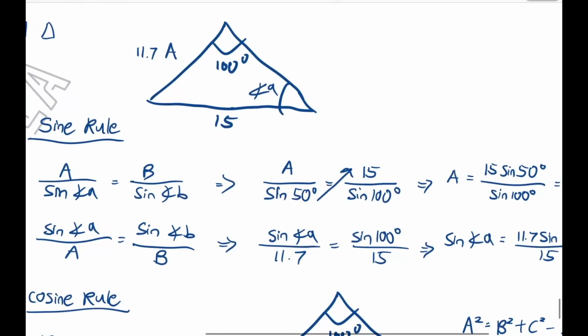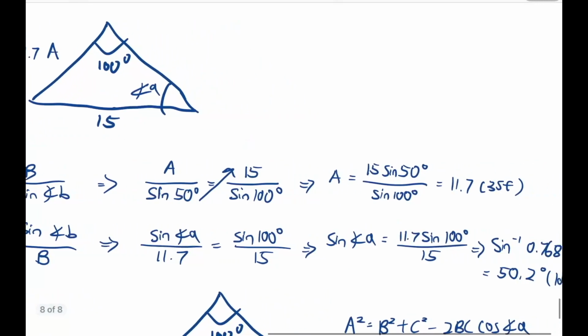And because this is angle A, this will be length A. So putting that in, this is length A. I'll still use the same pair that I know both the length and the angle of. So over here, sine 100 degrees and then 15. And how I'm going to solve for sine angle A is to throw this up again. So multiplying it upwards, I'll get this, and that is what sine angle A is.